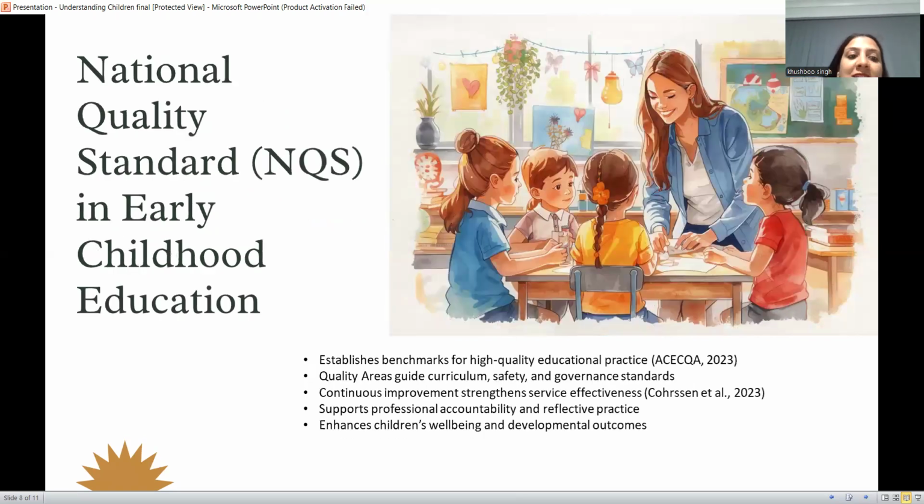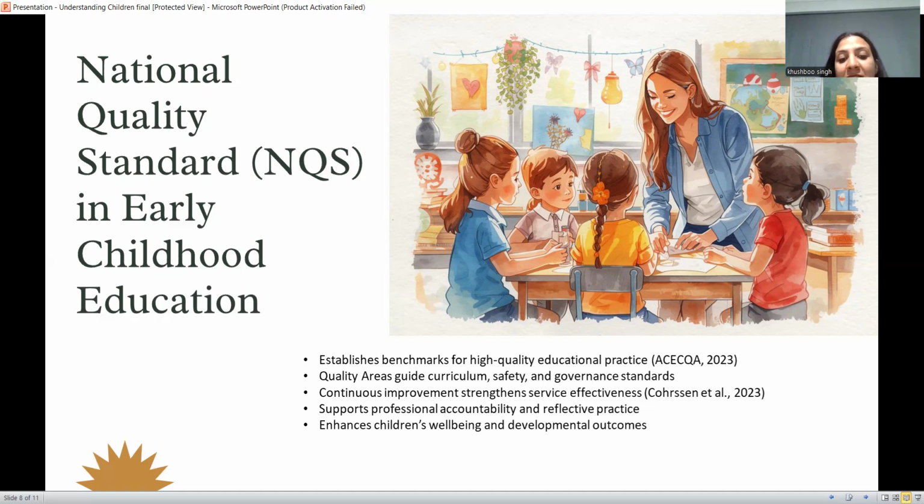Now, the National Quality Standard in early childhood education. It sets the indicators for excellence in practice and pedagogy in Australia's educational framework, ACECQA, 2023. Safe practices and curriculum that meet the defined outcomes, along with governance that is reflective and professional, are included in all quality areas.